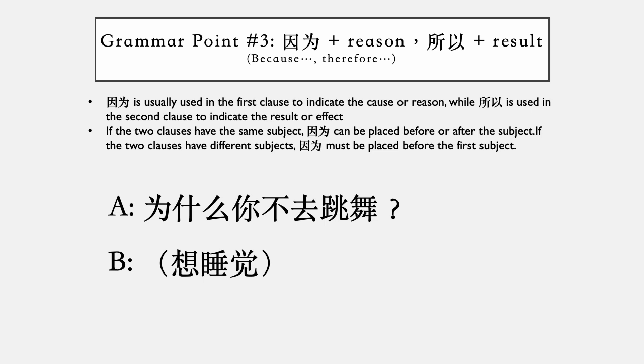So A says 为什么你不去跳舞？ And you want to say, well, it's because I wanted to sleep. That's why I didn't go dancing. How would you say that?